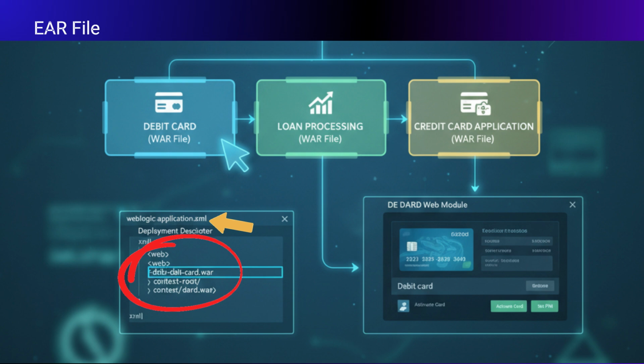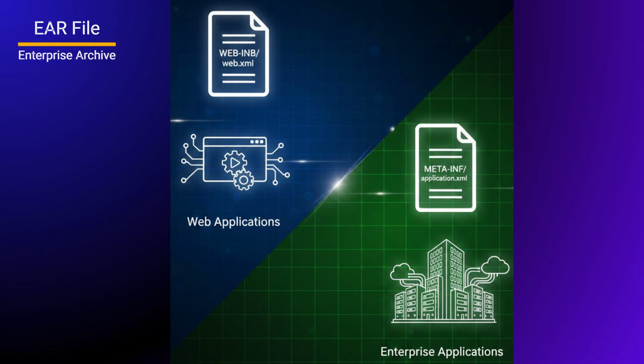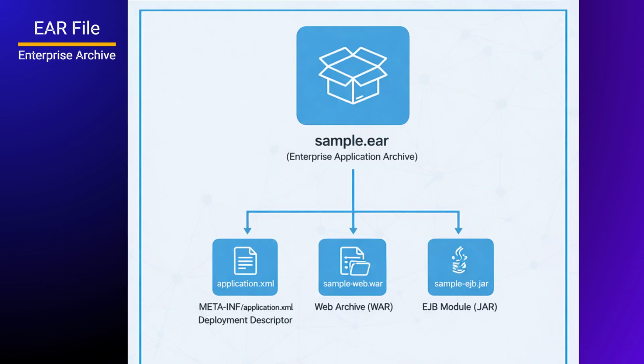requests are processed. The main and important configuration file inside a web application is web.xml, and for an enterprise archive or enterprise application, it is application.xml. All right. So this is the internal structure of an EAR file.